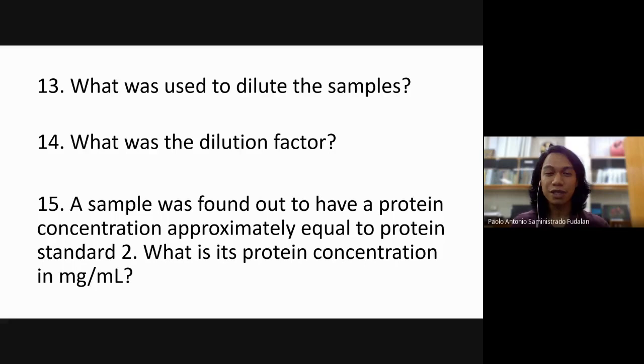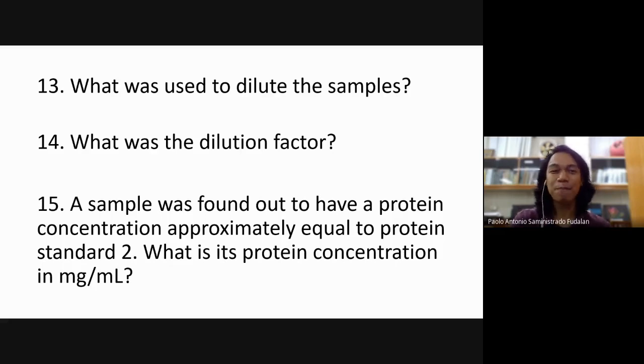But the question is, what is the concentration of your sample in terms of protein milligrams per ml? Provided we diluted it similarly in the experiment. 12.50, sir. All right, so that's the dilution factor, that's 50 times for the protein standard 2, 0.250 milligrams per ml. So the answer is 12.5 milligrams per milliliter.